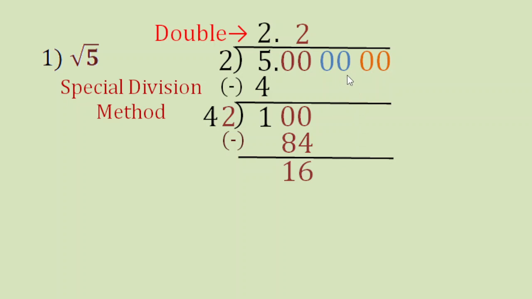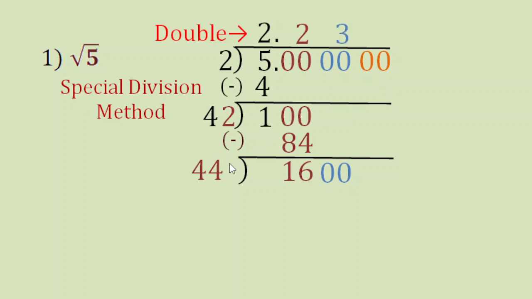Then next step, bring down the next 2 zeros. Okay, our new dividend is 1,600. We need a new divisor. We double our quotient. Okay, ignoring the decimal, so that's 22. So double, that's 44. But we need one more digit here, and that digit is 3.